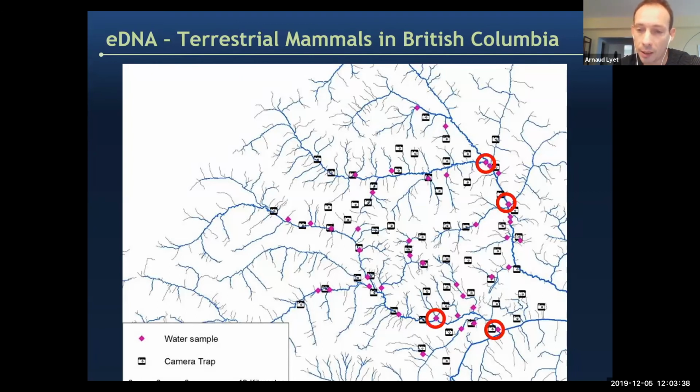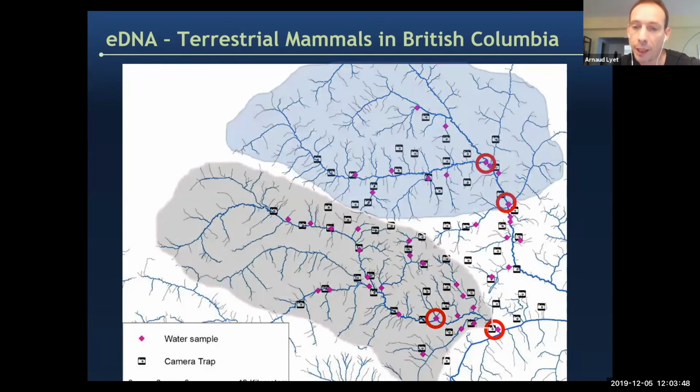So we selected some samples that were collected in the main river, and compared the quantity of DNA from these few samples and the frequency of detection of the species with the camera trap in these 2 watersheds that are represented here on this slide.